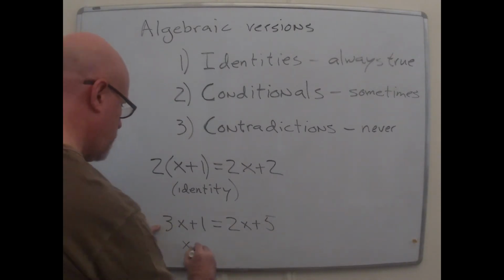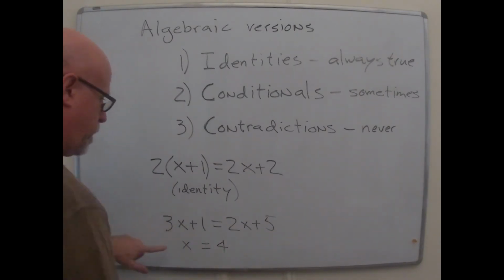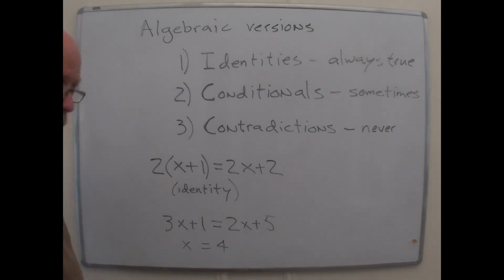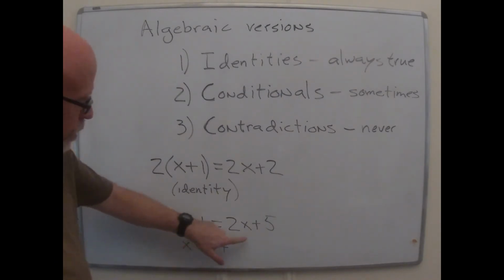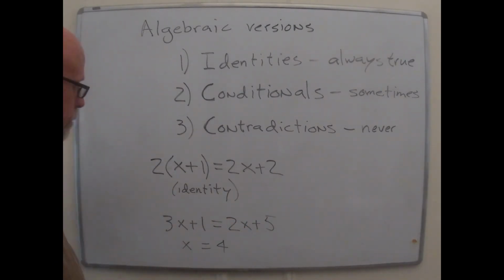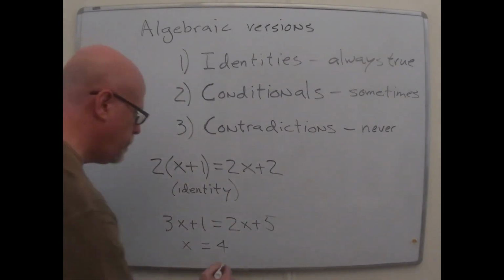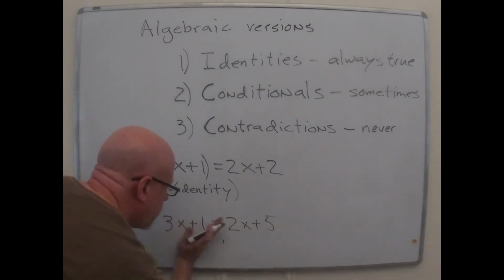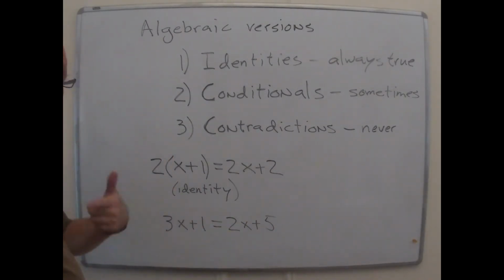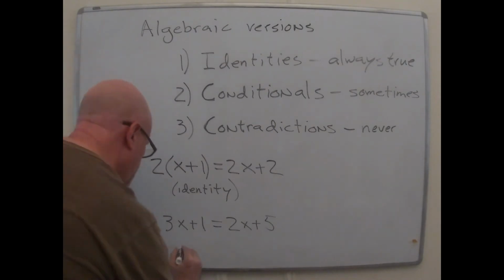And take away 1 from both sides and you'll get a 4 on that side. So x is 4 works. Which is easy to check back. 3 times 4 plus 1 is 13. 2 times 4 is 8 plus 5 is 13 again. Okay? So that's a conditional. We don't really need to solve it. We just needed to know that it could be solved or that some x values make it true.